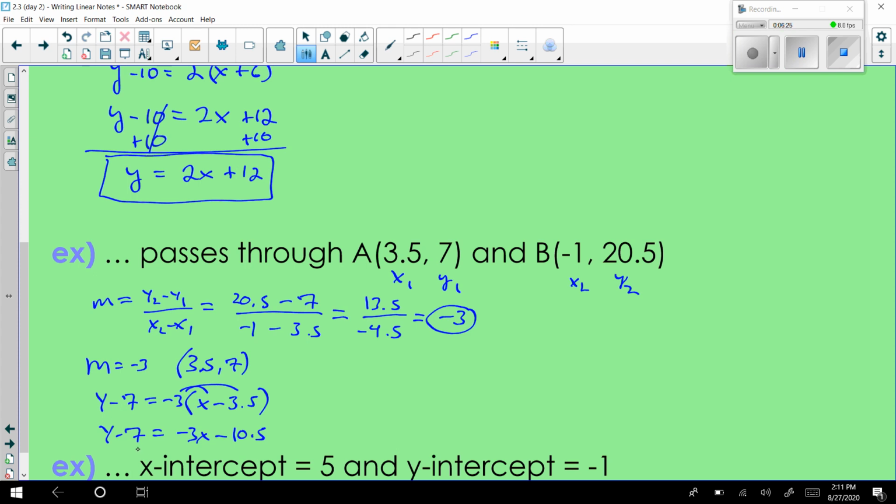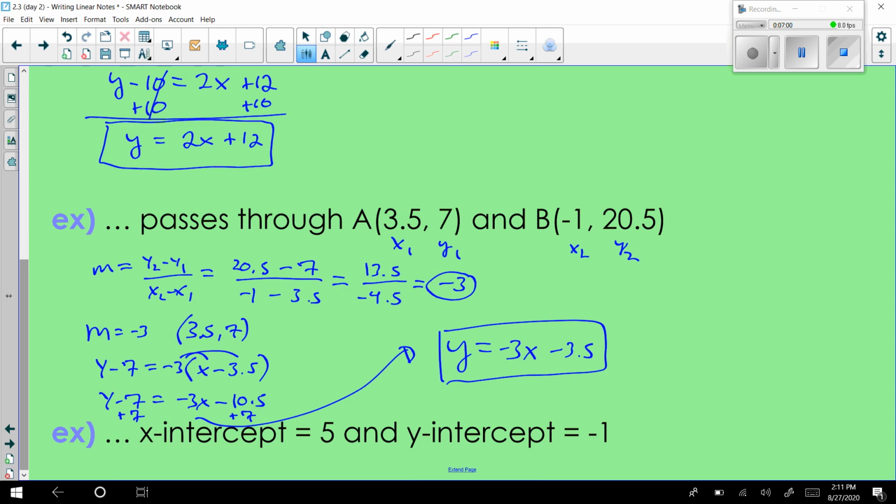Okay, we are going to solve for y by adding 7 to both sides. So we get y equals -3x minus 3.5. Okay, and now it's in slope-intercept form, y equals mx plus b.